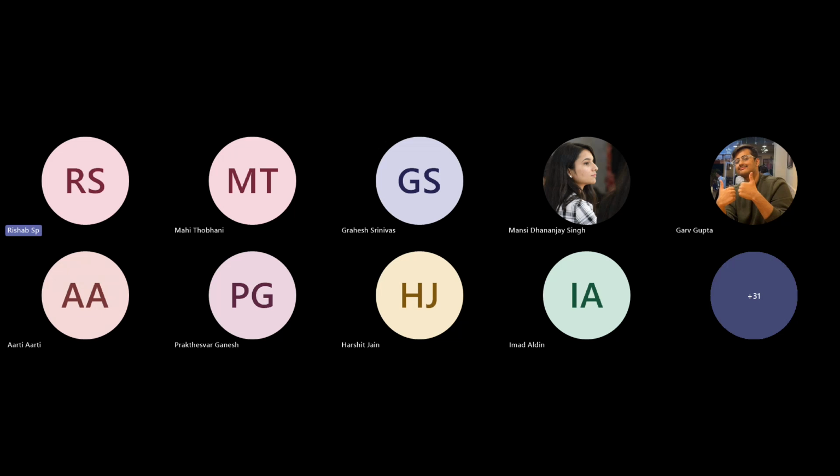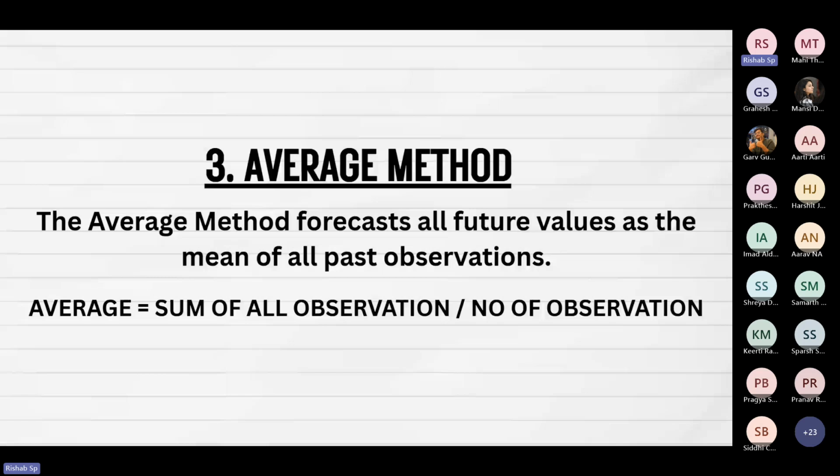In total, there are 6 methods. Next is the average method. This is just basic maths, just average all the data points and you will get a number which will be the predicted outcome. So if you have 10, 20, 30, 30 plus 20 plus 10 is 60, divided by 3, 20. Sum of all observations divided by number of observations.